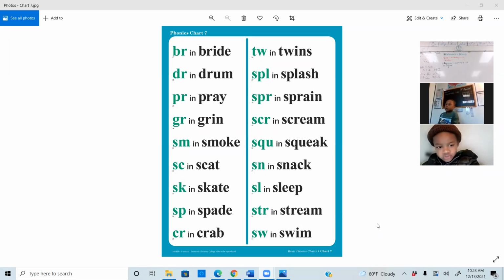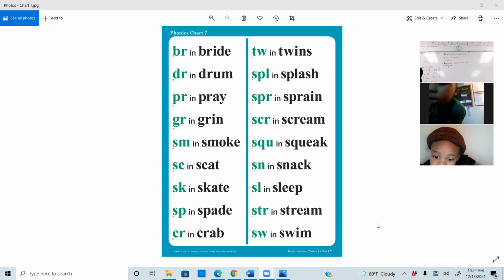PR says pr, and pray. GR says gr, and friend. SM says sm, and smoke. SC says sc, and cat. SK says sk, and skate.